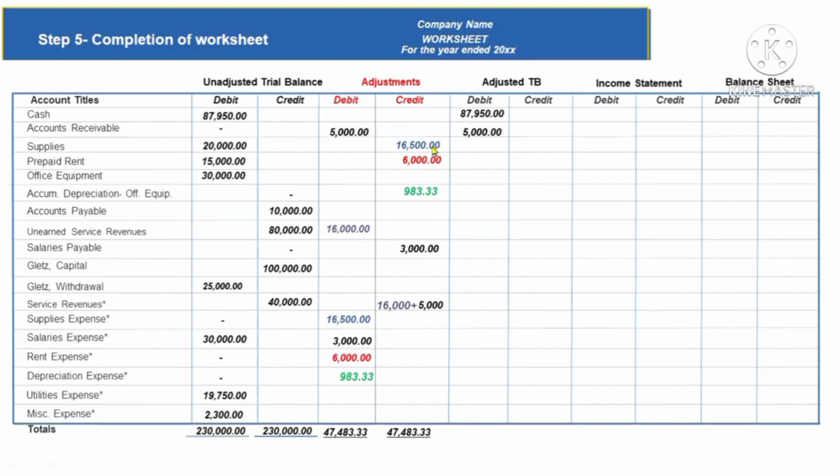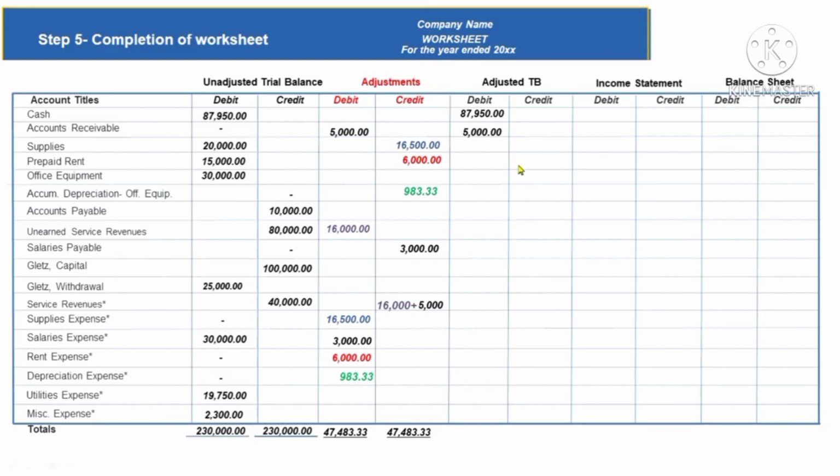Remember this. If in the unadjusted trial balance, the account title has a debit balance, but on the adjustments, there is a credit entry, or the other way around, which is if in the unadjusted trial balance, the account title has a credit balance, but in the adjustments column, there is a debit, then what will appear on the adjusted trial balance is the difference of the amounts, just like this supplies account.